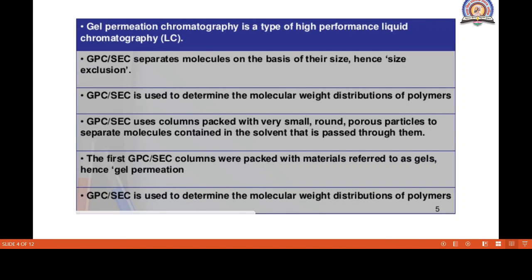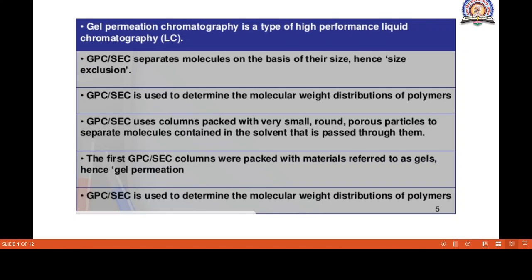This gel permeation chromatography is a type of high performance liquid chromatography, HPLC. Okay, this GPC or SEC separates the molecules on the basis of their size, hence the name size exclusion chromatography.